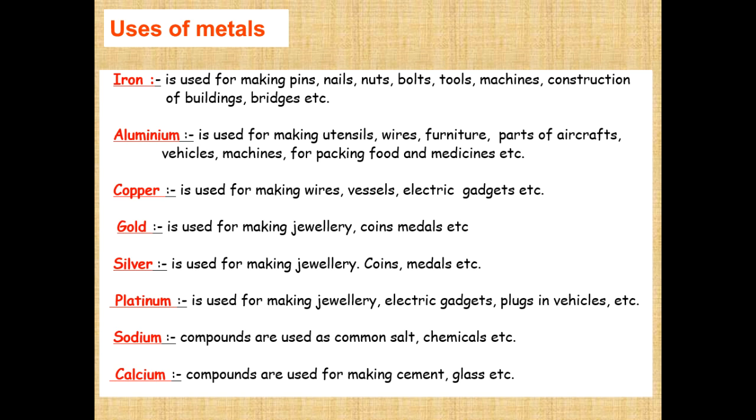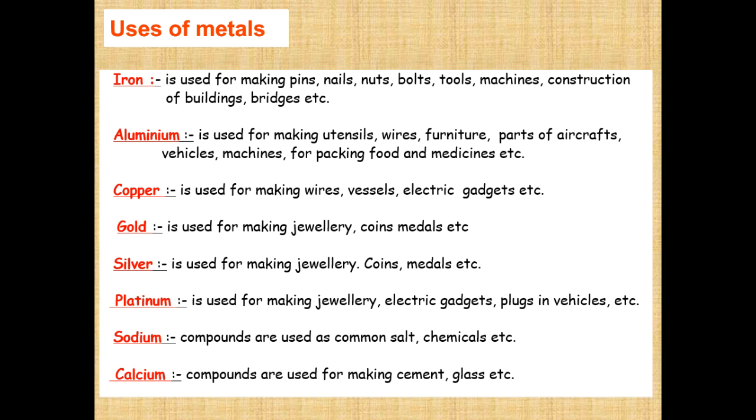In detail, iron is used for making pins, nails, nuts, bolts, tools, machinery, and construction of bridges, buildings, etc. Aluminium is used for making utensils, wires, furniture, parts of aircraft, vehicles, machines, and for packing food and medicines, etc. Copper is used for making wires, vessels, electric gadgets, etc. Gold is used for making jewelry, coins, medals, etc.